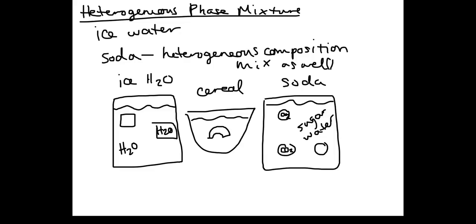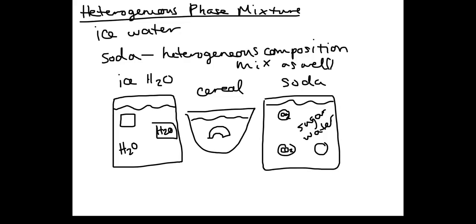Yeah, so phase is solid, liquid, gas, okay? So if you have something that is a mixture of solid and liquid or gas and liquid, that is a phase mixture. However, if it's just a mixture of, so in olive oil and vinegar, it doesn't mix well.